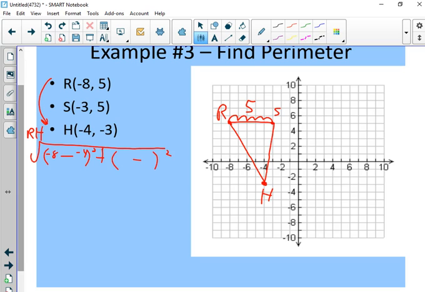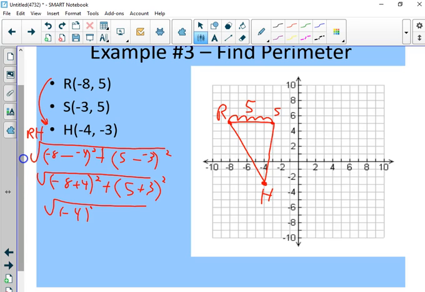And then, my y's, 5 minus a negative 3. You don't have to do this second step, but I just want to show you that's negative 8 plus 4 squared, 5 plus 3 squared.